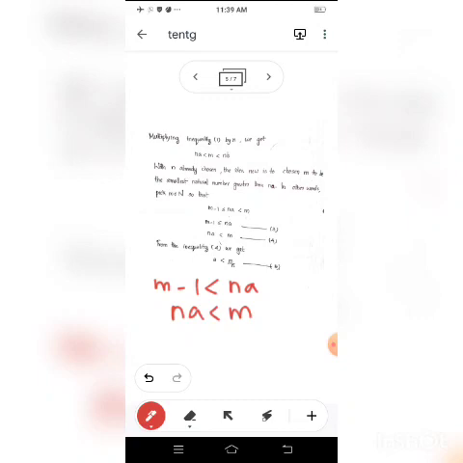From na less than m, we can write a is less than m by n. So we get a less than m by n. Our next aim is to show that this m by n is less than the other real number b.